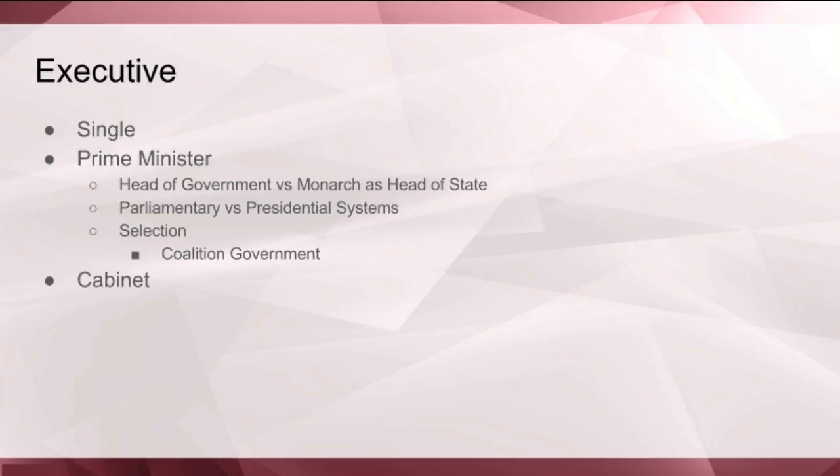Again, as previously stated, the cabinet serves as the policymaker, but the parliament serves as the legitimization agent of the policies that are made by the cabinet. An important concept with regard to the cabinet is called collective responsibility. And what that means is that everyone in the cabinet must publicly support all decisions that the government makes, and that they will collectively rise or fall based upon the success of the government.